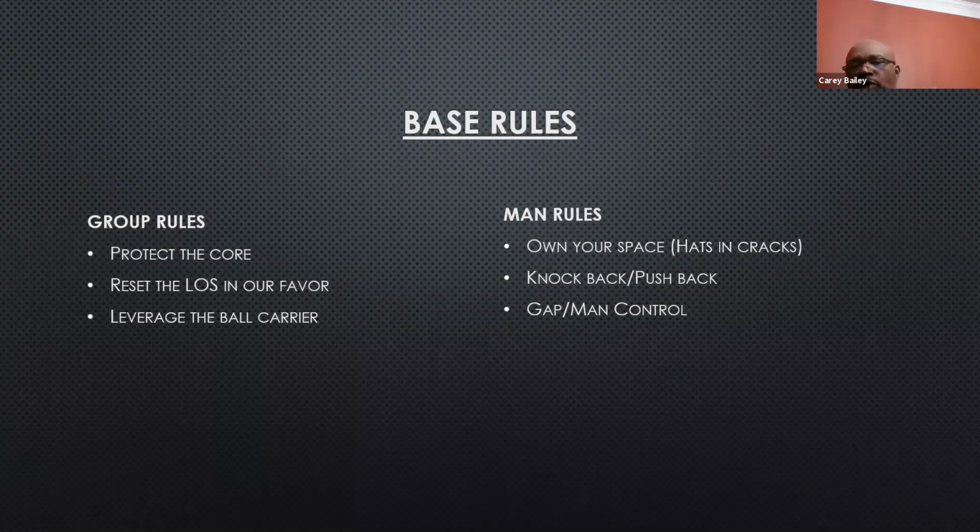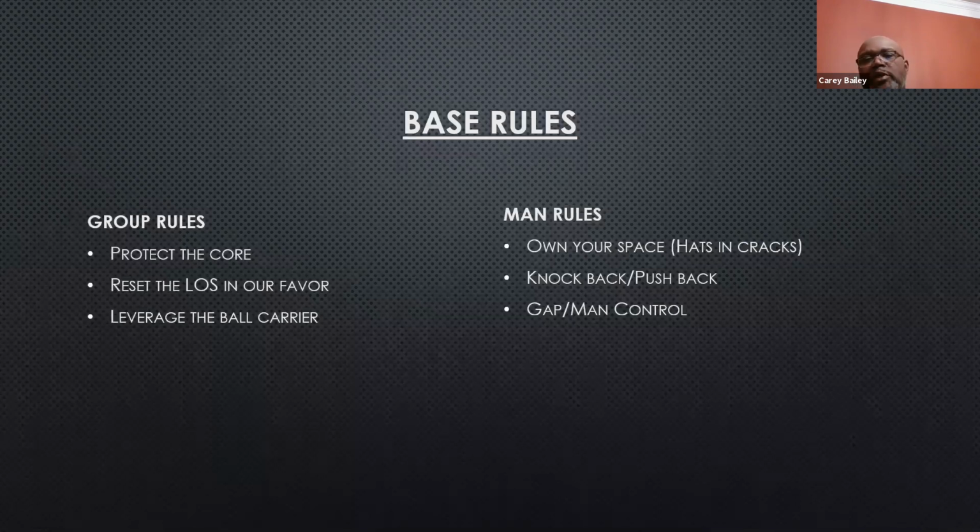And lastly, the group rules, we want to make sure that we're leveraging the ball carrier. Everybody has a gap which they have to control, but everybody also has to maintain leveraging the ball carrier, and it starts from outside in. I think one of the biggest sins you can commit on the defensive line is coming underneath too quick or crossing face too quick when you're playing in the run game.